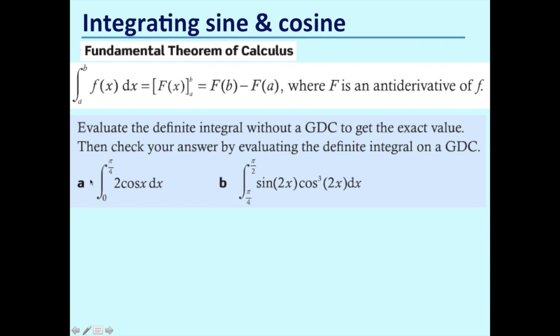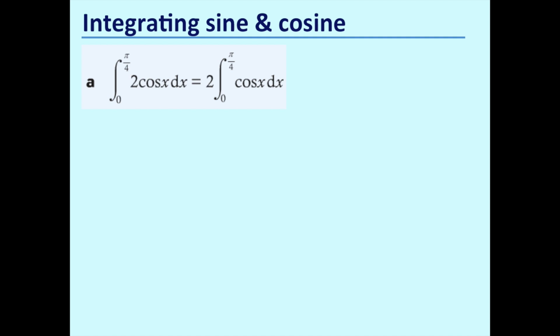So for question 1 here, we want to find the integral of 2 cos x with respect to x. So we're going to take out 2 as a constant, left with 2 multiplied by the integral, the antiderivative of cos x dx, which we know is sine x.